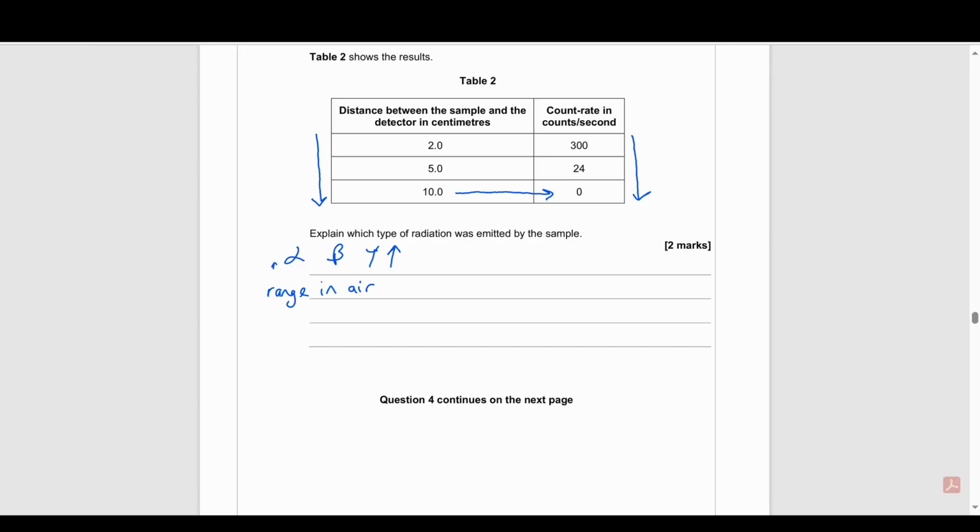So we should be able to make the conclusion that alpha radiation is what was being emitted. And our reasoning is that the alpha radiation can't travel 10 centimeters, as it has the shortest range in air.